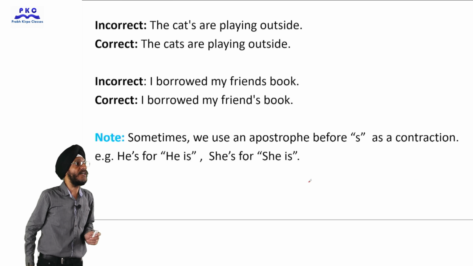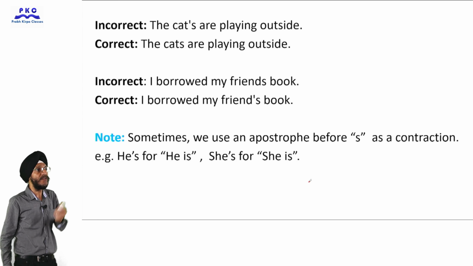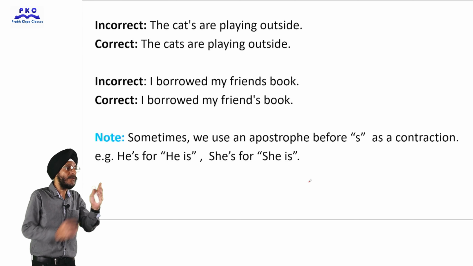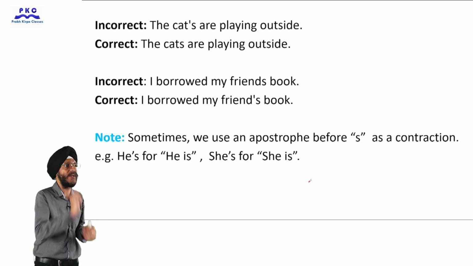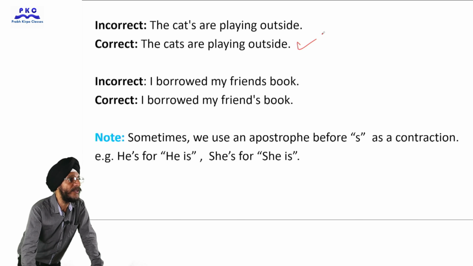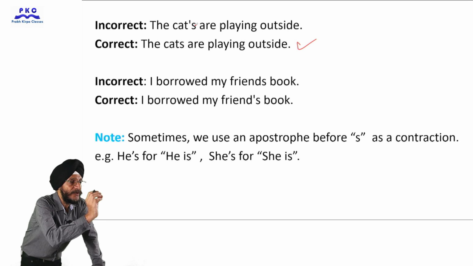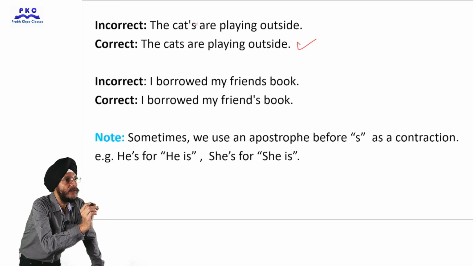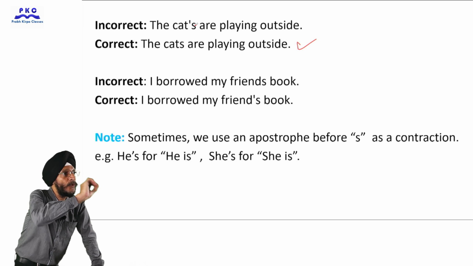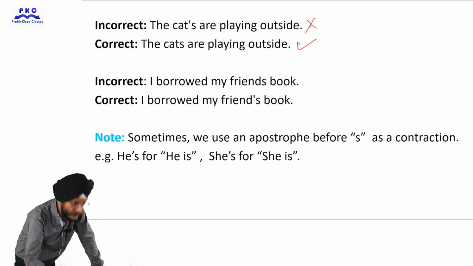Next is: The cats are playing outside. Here we are talking about more than one cat, the plural form of cat, so here it is okay. To make use of apostrophe s to indicate the plural form of cats is wrong.